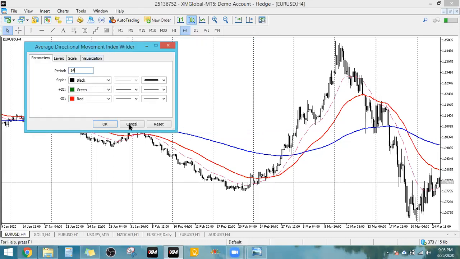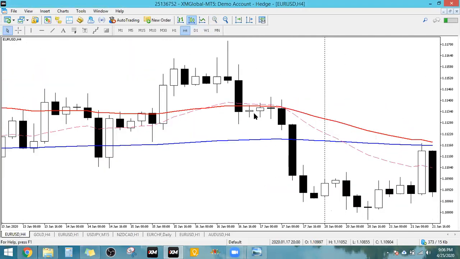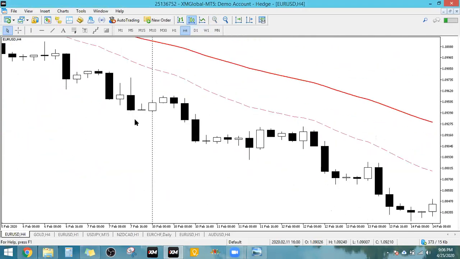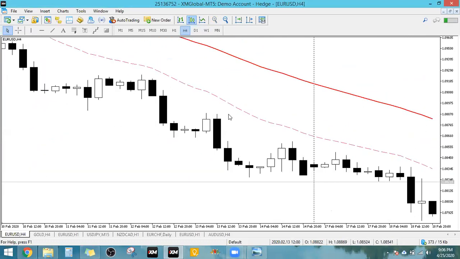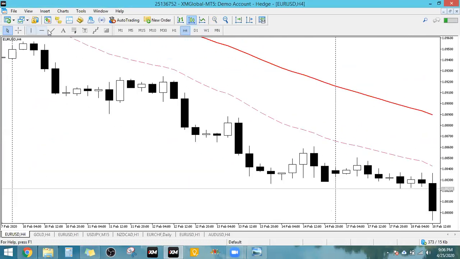So, let me just draw it to you a little bit, para may konting idea kayo. Let's try to go a little deeper dito sa charts natin. Okay. So, if you take a look at these charts, ang gagawin ng ADX, summarized version lang to. This is like a rough version on how it's done. Kukunin niya tong candlestick na to. You have your first candlestick.